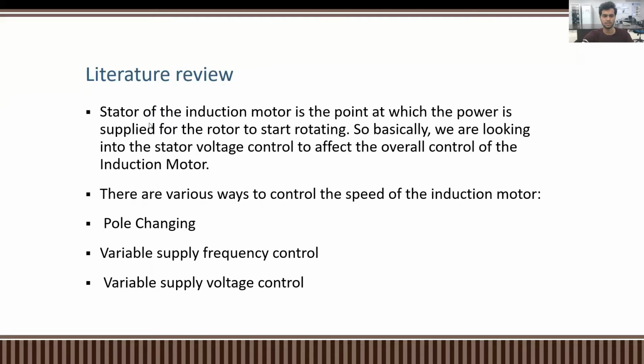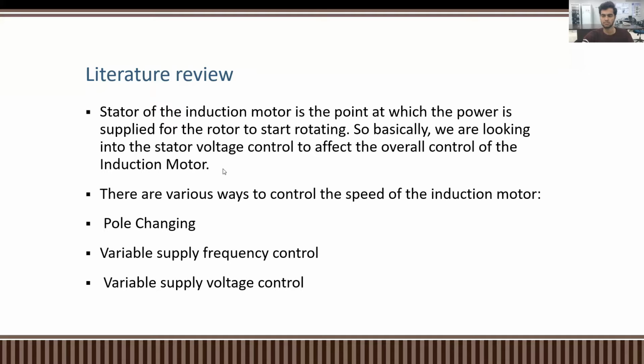In the literature, we see that the stator of the induction motor is the point where the power is supplied. The motor has two parts, the rotor, the inside part, and the stator, the outside part, and we give power to the stator. So we are looking at the stator voltages to affect the overall control of the induction motor.